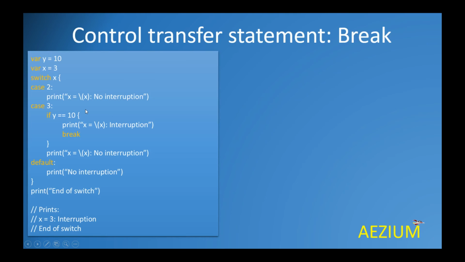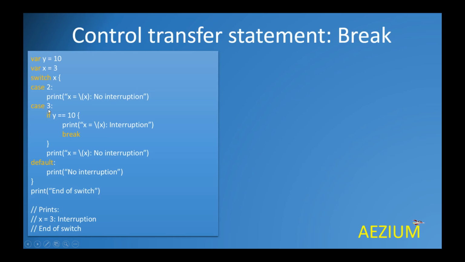A second example here shows how break can be used in a conditional statement, in this case switch. We have two variables defined up here, x and y. Switch parameter is x, and there are different cases defined here. First case says that if x is equal to 2, we print this message which indicates there's no interruption.